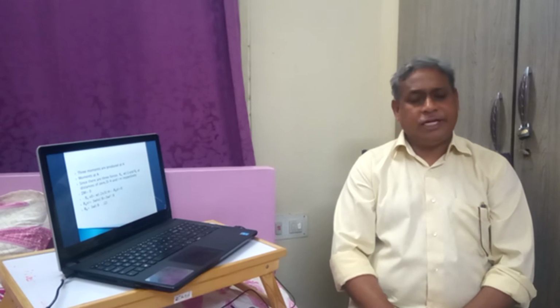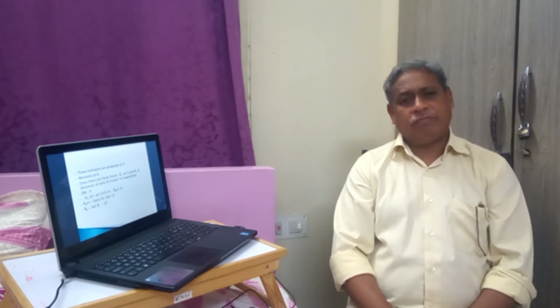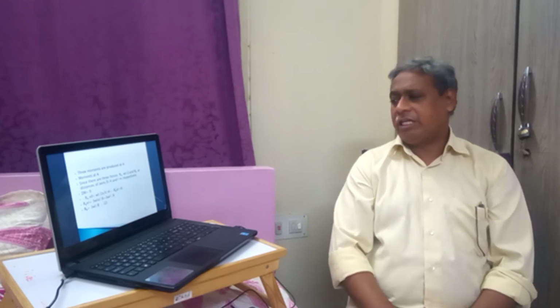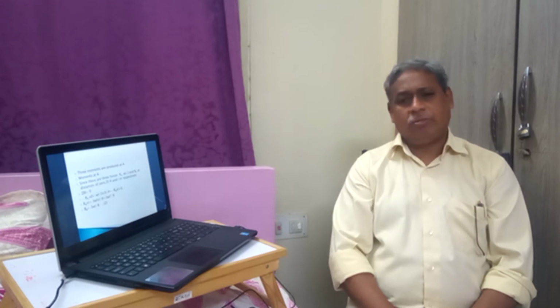That is, RB into L is equal to 3WL into L by 8. That is, RB is equal to 3WL by 8. The reaction at B is 3/8 of WL.